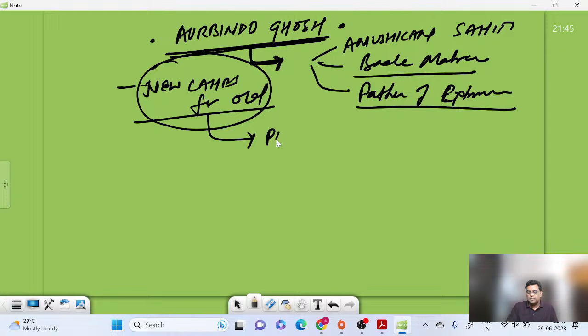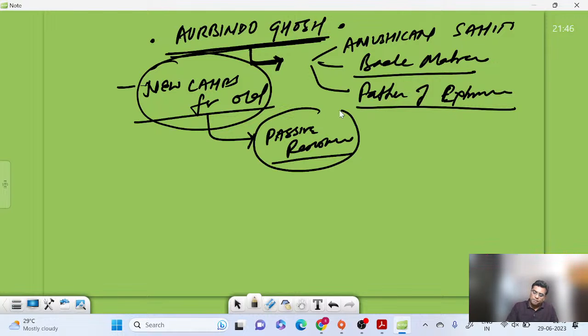In it he published the doctrine of passive resistance. Do you know passive resistance? There is no positive harm, but you do something so that the government can be held in check. Normal functions do not function.